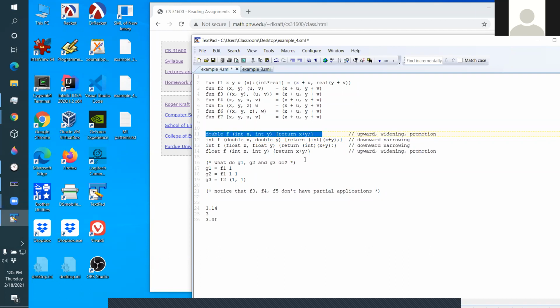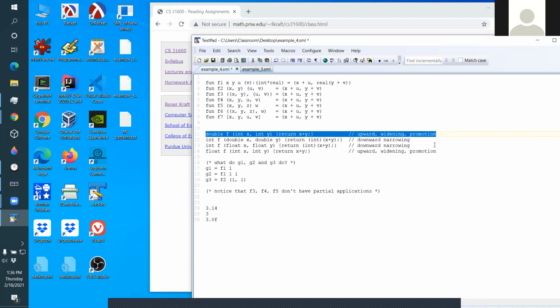Okay, it might seem convenient, but it's been realized over many years of debugging big software systems that automatic upward widening casts are really not a good idea. The ML people were right. They never allowed it from the beginning, and the Java people allowed it, and now they can't change it. It's too late.